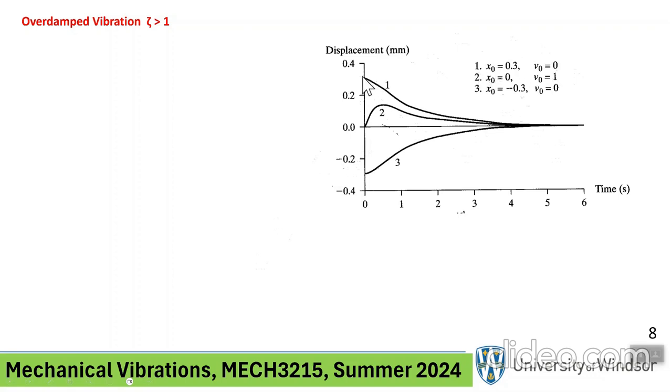Notice that the displacement is 0.3. You can see that. This is 0.3 millimeters, for example. Velocity is 0 because the tangent to this curve at the top seems to be 0. Then in this case displacement is 0, but there's a velocity, there's a slope here. And finally, displacement is minus 0.3 and no velocity.